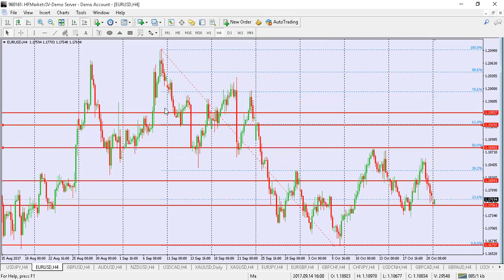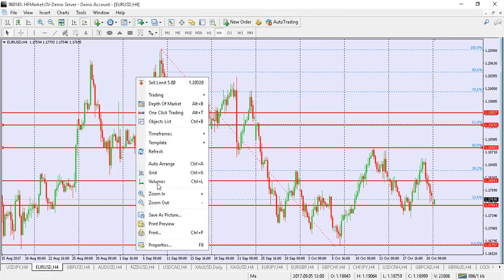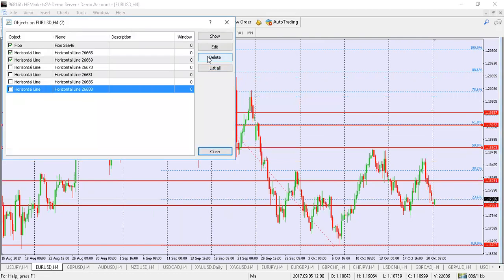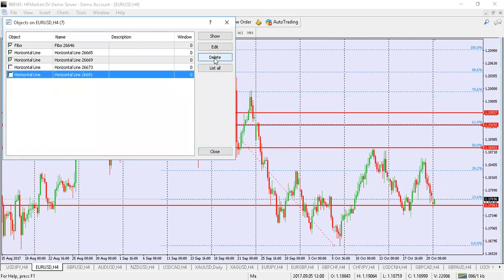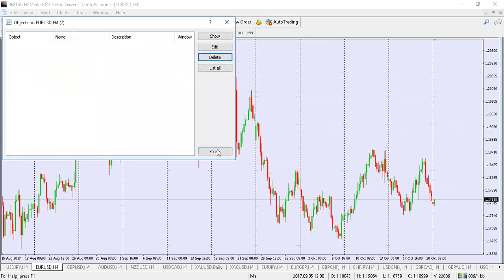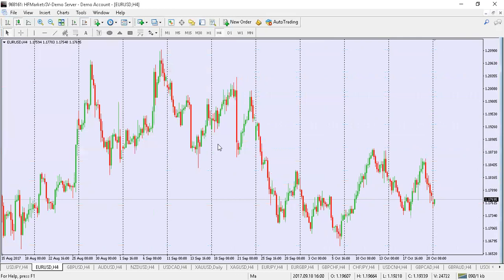Let's deal with how to use the other one, the expansion. How to use the expansion tools. There are lots of ways to use it, but we are still dealing with support and resistances. But I'll have to teach you how to use the other one so that you can use the expansion to determine your take profits.